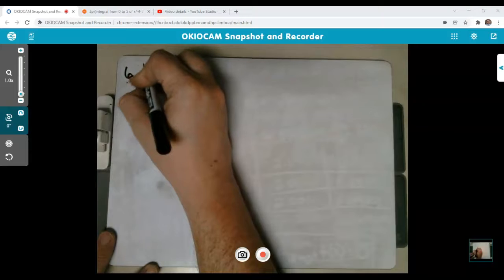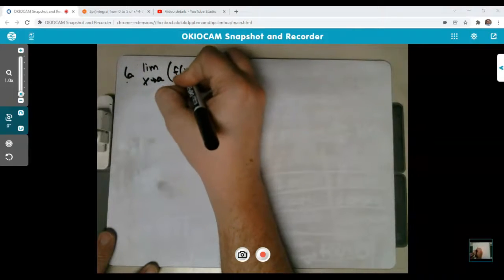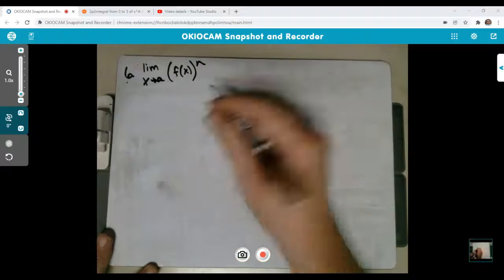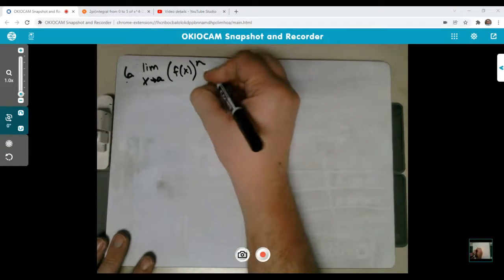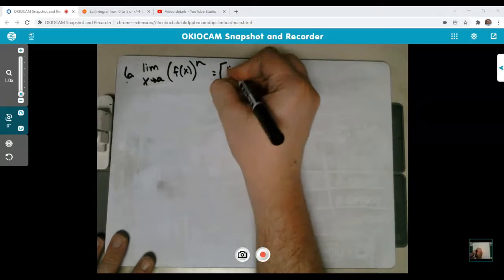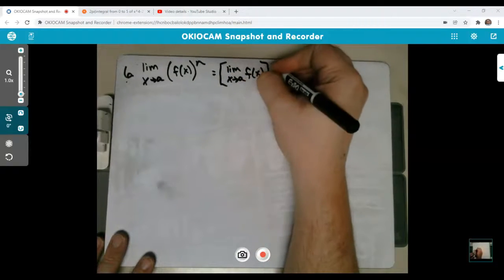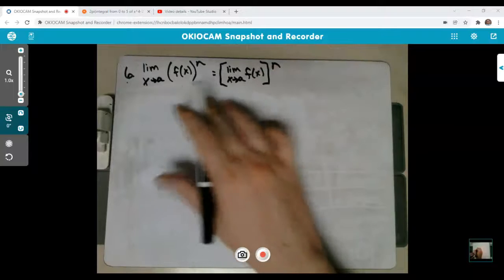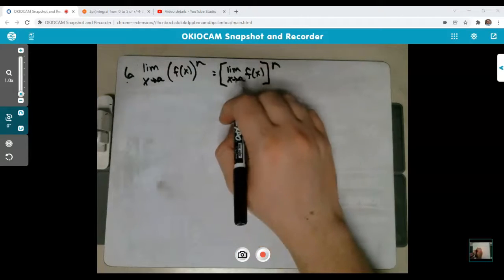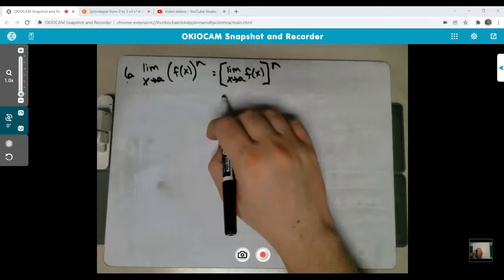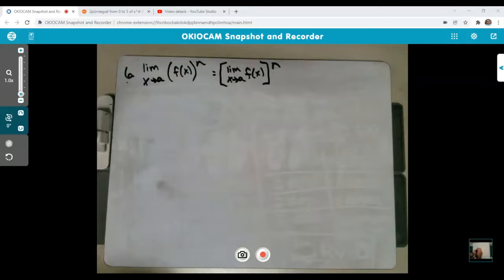If I have the limit as x approaches a of a function raised to the n, so if I have a thing raised to a power, what's really cool is I can just take the limit of f of x, and after I do that, just raise that to the n. So it's the same thing if I raised it to the n first, or if I did that afterwards, that doesn't matter. They're the same thing.